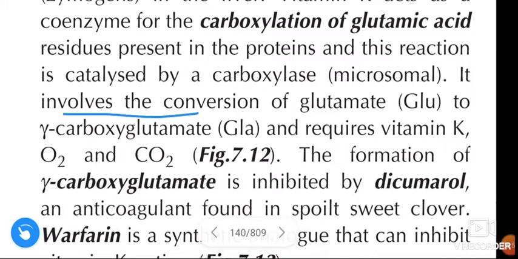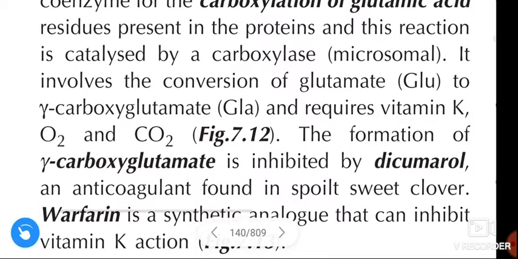It involves the conversion of glutamate, that is Glu, to gamma carboxyglutamate, that is Gla. It requires vitamin K, oxygen and carbon dioxide.